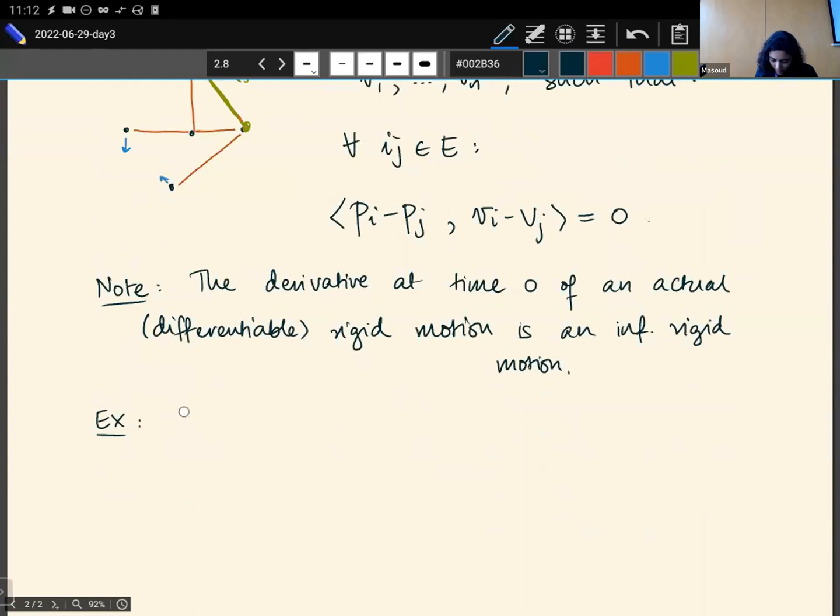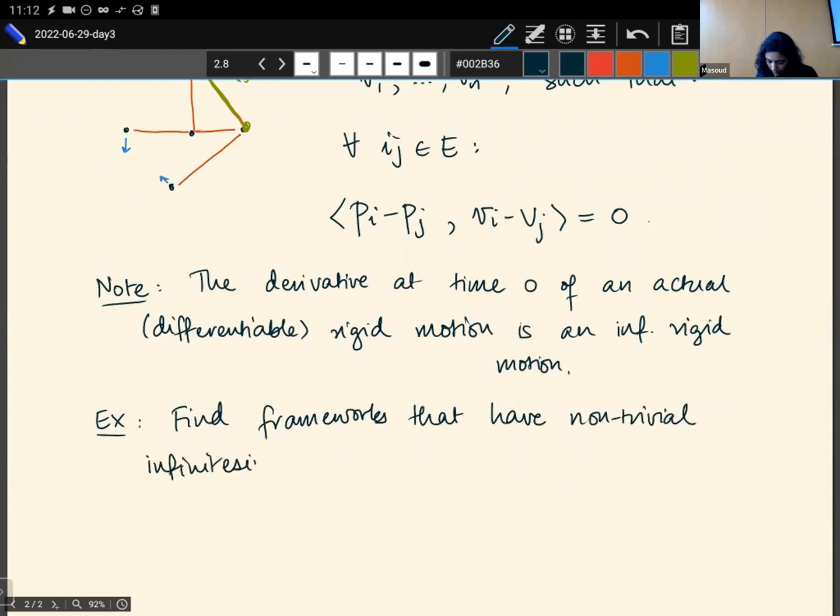Find frameworks that have obviously non-trivial infinitesimal rigid motions, not like the global isometries, right? But no actual rigid motions.